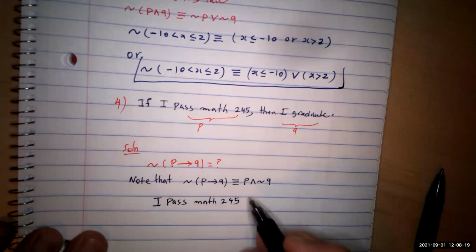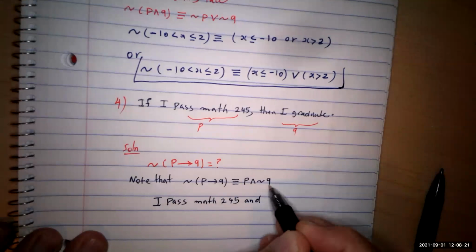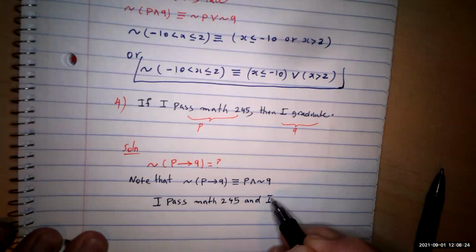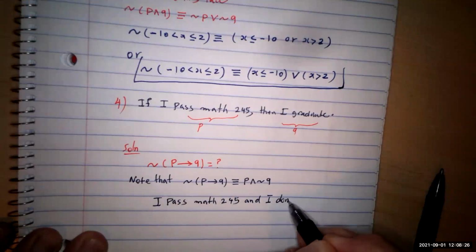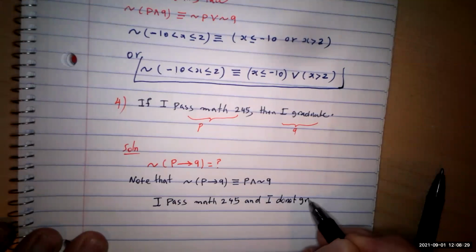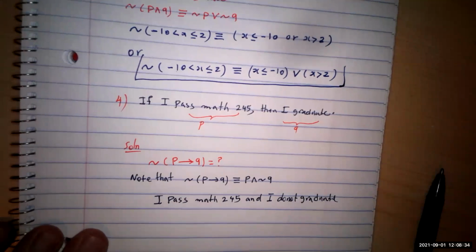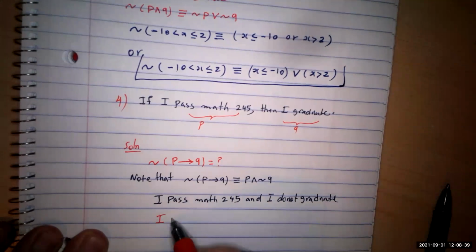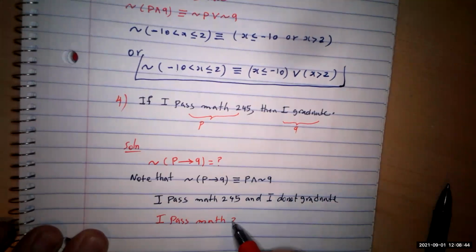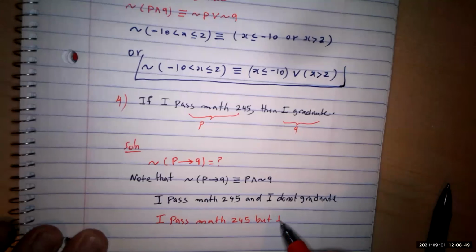Okay, you can say and not Q, and I don't graduate. This is one version. The other version is, you see, some people like this one. Some people like the fact that I pass math 245, but I don't graduate. That's a nice one.